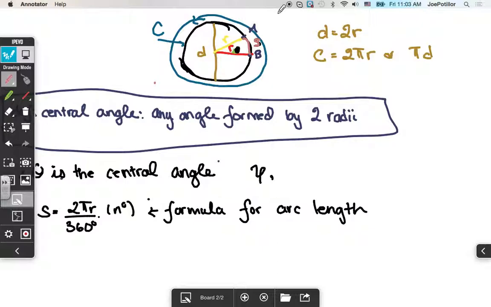Now, that's the formula for the arc length, which is just a piece of the circumference, by the way. So it's just one piece of the total length. It's just a small piece of that. That's what the arc length is.